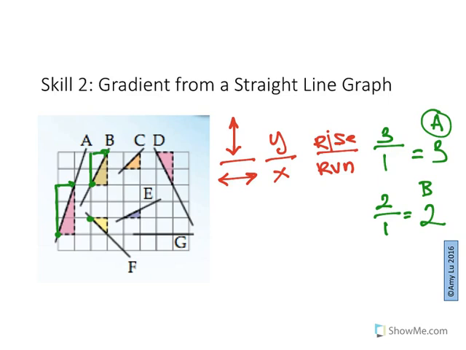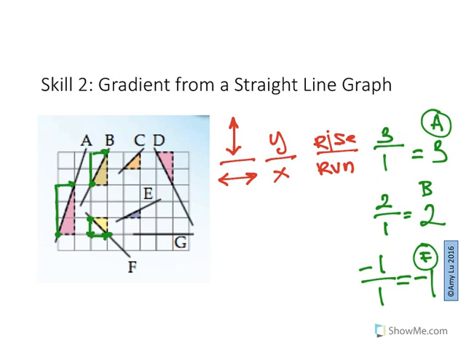In this case, I can't rise because the line is going down, so I go 1 down, and if I go 1 down, it's negative, and 1 over. So my gradient for line F is negative 1.